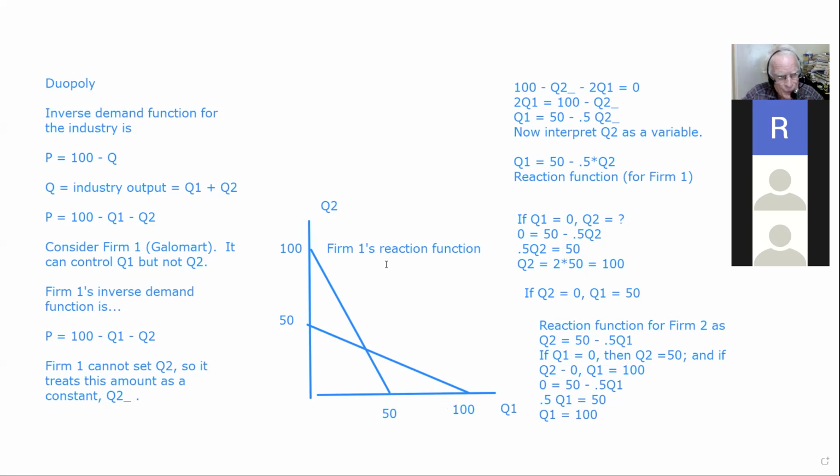So there is the problem of determining output for each of the two firms. We have a solution at the intersection.